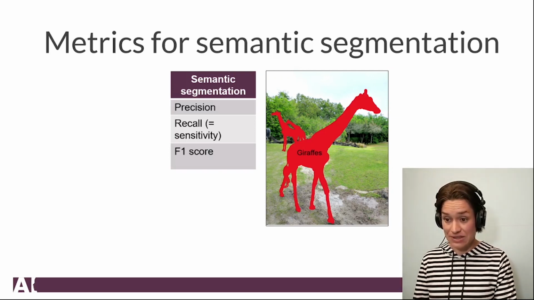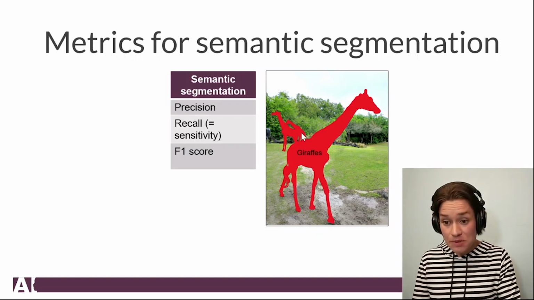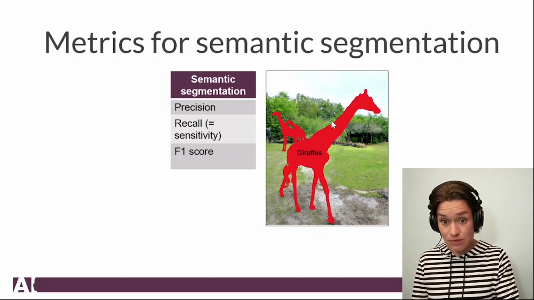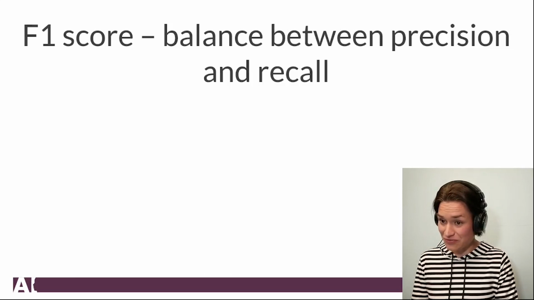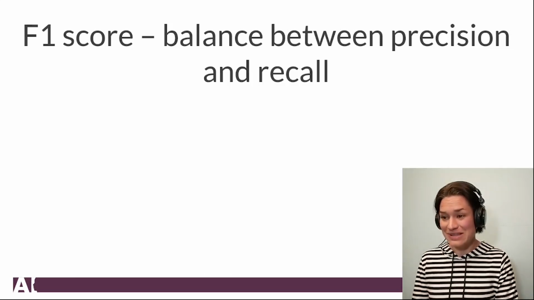We already had precision and recall. Here it's not intersection over union because we don't have particular objects. We just have a region. So this is a region of giraffes. The thing that differentiates this one is the F1 score. I do not have a nice visualization for you because this is a more complex mathematical operation than what we had before.